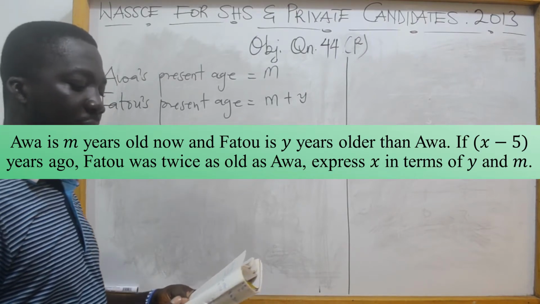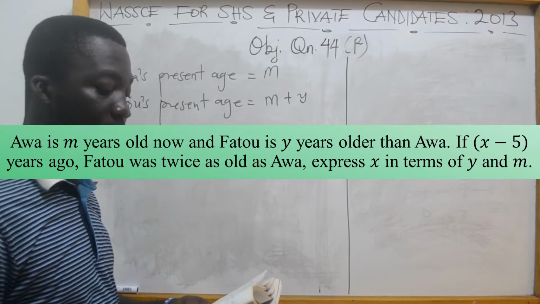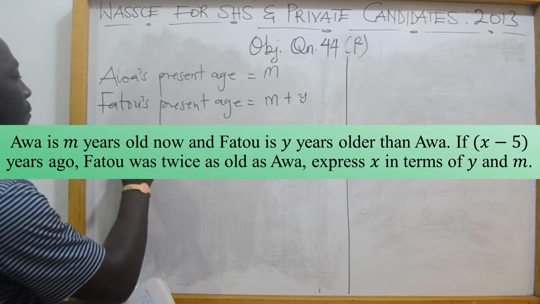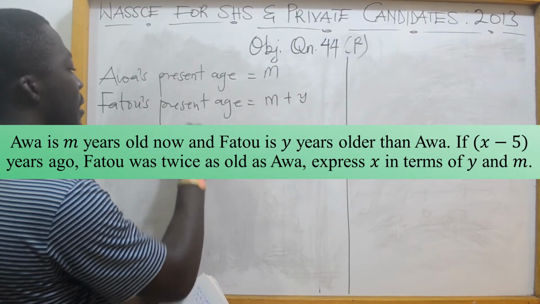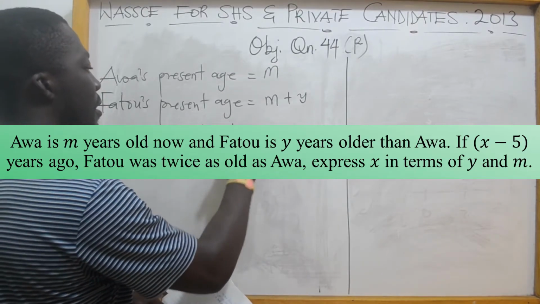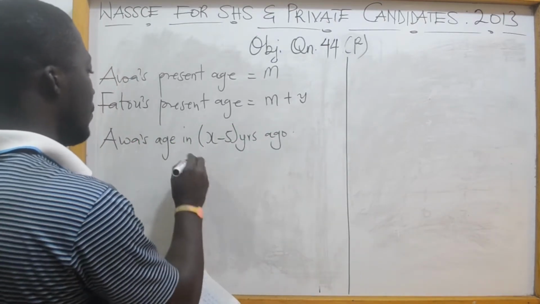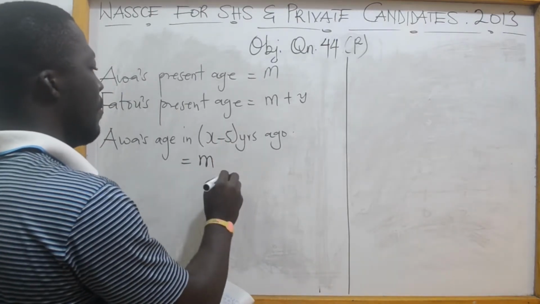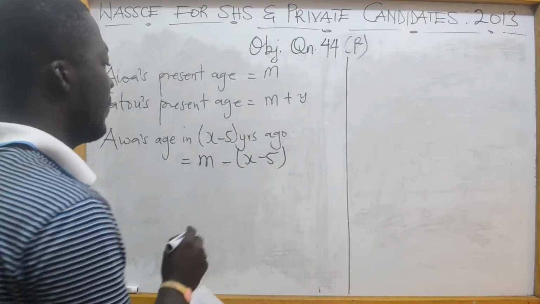If x minus 5 years ago, Tau was twice as old as R, so R's age x minus 5 years ago is equal to m minus (x minus 5).